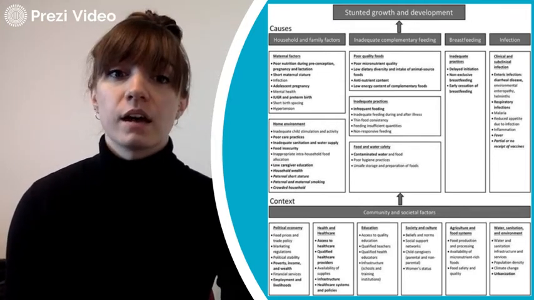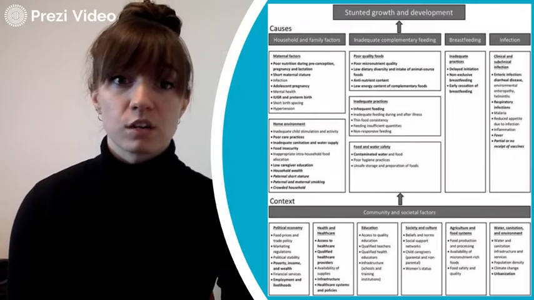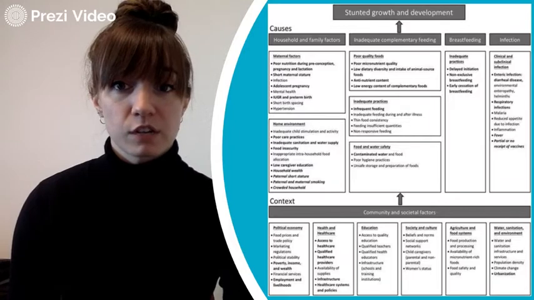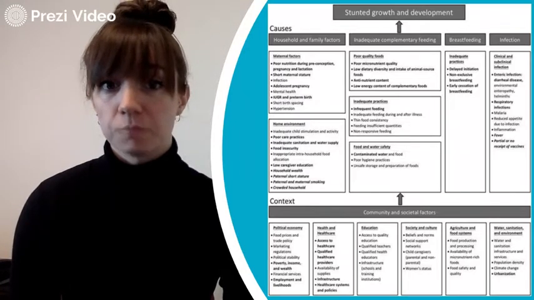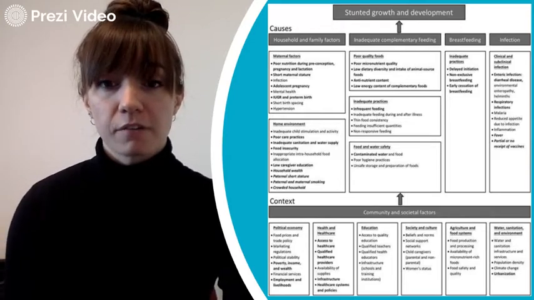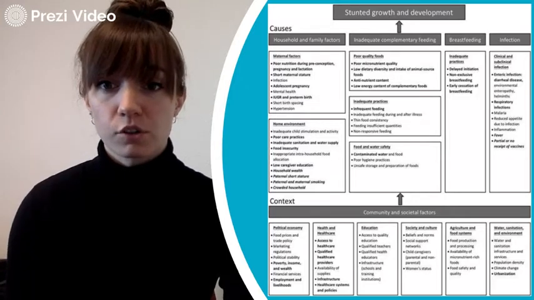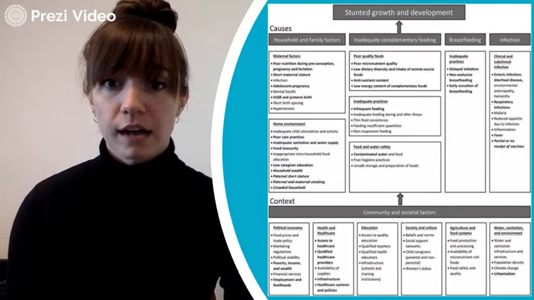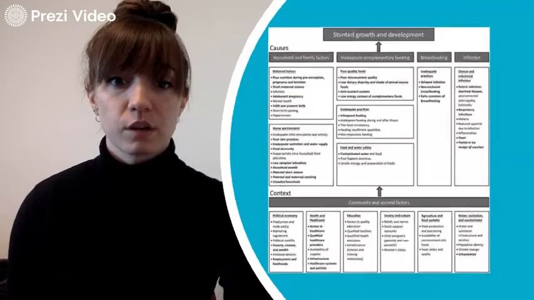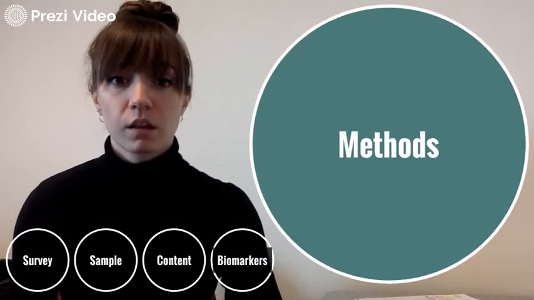And then breastfeeding as well, initiation and continuation, and then co-occurring infection in the children. So specifically diarrhea, respiratory infection, and fever can really have effects on growth. Then across the bottom, just some societal and overarching issues like poverty or access to healthcare. These are things that we always consider in public health when we're looking at a disease.